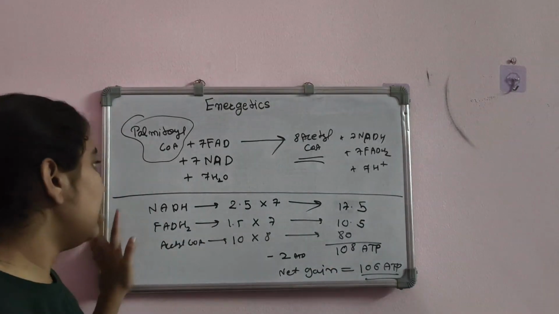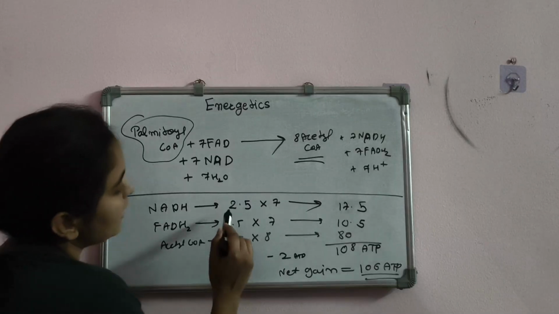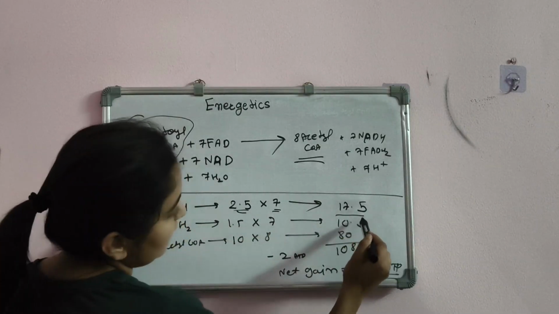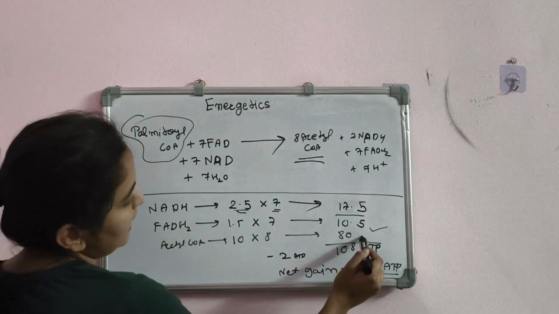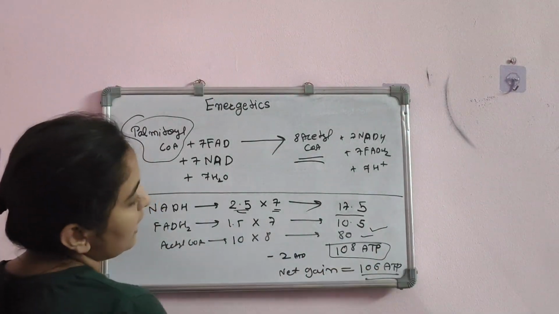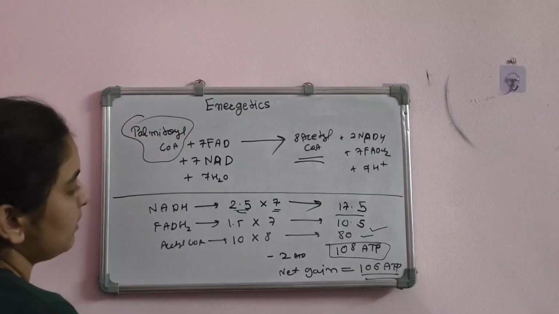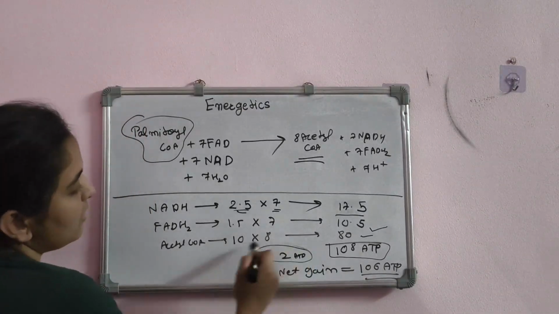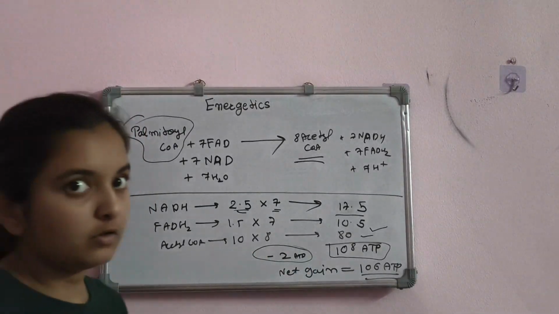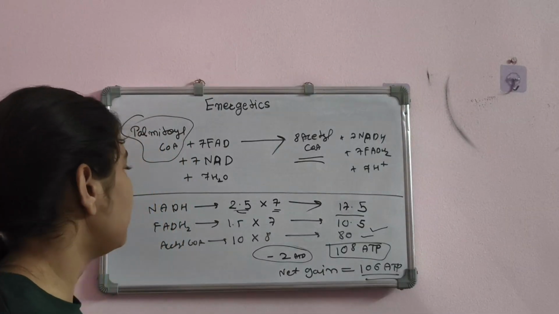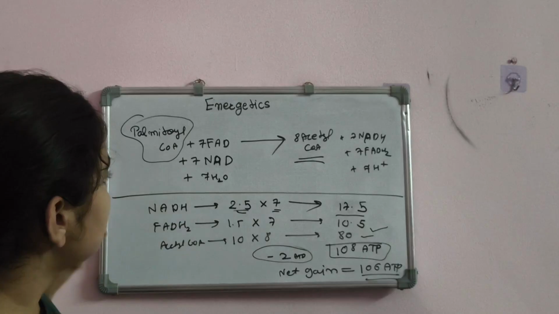One NADH gives 2.5 ATP, so 7 NADH give 17.5, FADH2 gives 10.5 and acetyl CoA gives 80. So the total is 108 ATP, and then it's 106 ATP net gain because 2 ATP are used in the first process, the activation of fatty acids. So this is the energetics.